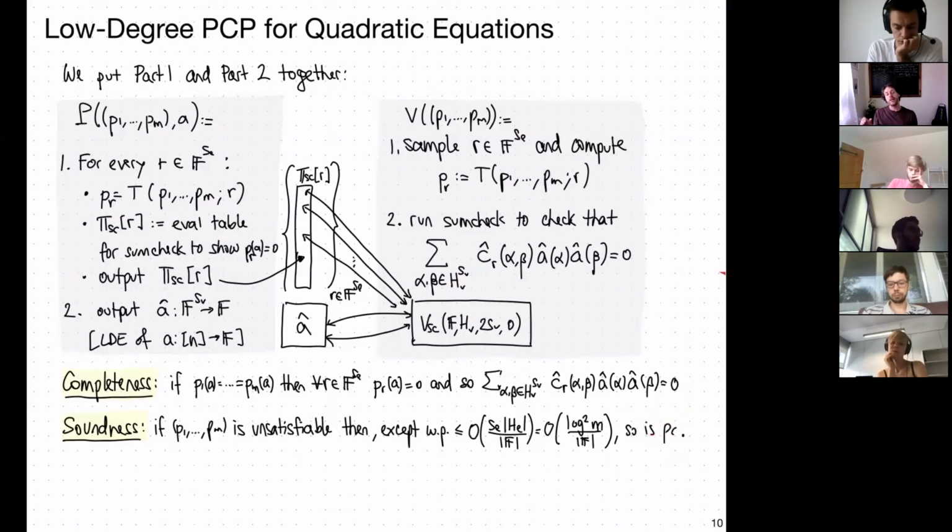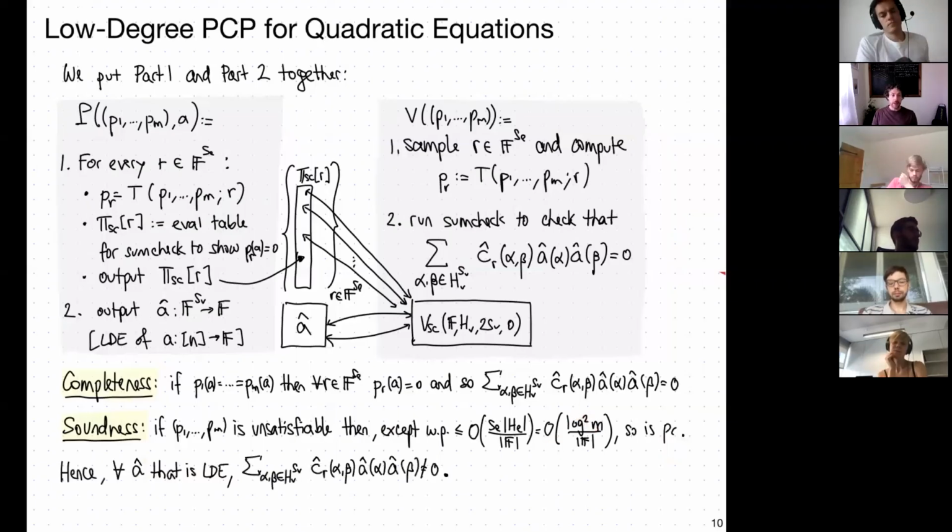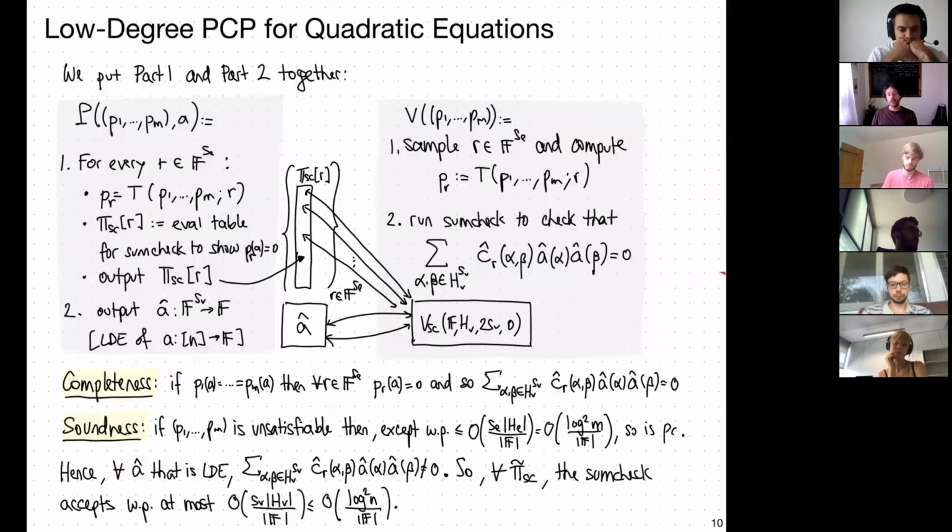If we bundle with the wrong randomness, it only happens with very low probability. In addition to that, it doesn't matter what low degree extension we get, this would still be unsatisfiable, and then this reduces to the soundness of the sum-check protocol. So we get this term from the bundling from part 1, and this term from the sum-check protocol, and we just run the two things.